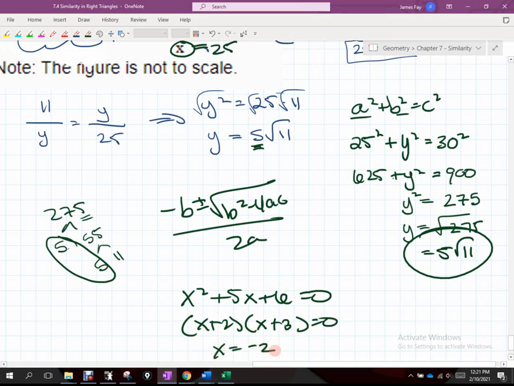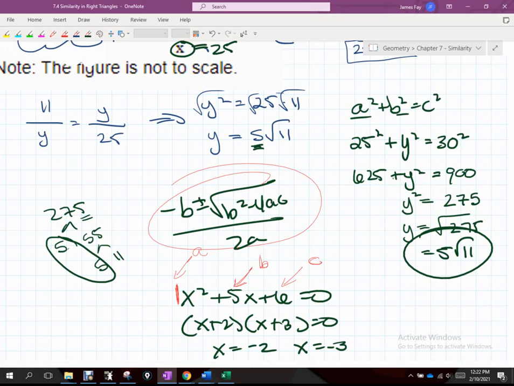So x will equal negative 2 and x will equal negative 3. If we didn't know that, though, that number 1 right there is what we call A, that 5 is B, and that 6 is C. If we were to plug those coefficients into that, it's going to spit back negative 2 and negative 3 after we simplify. So that's what the quadratic formula does for us.